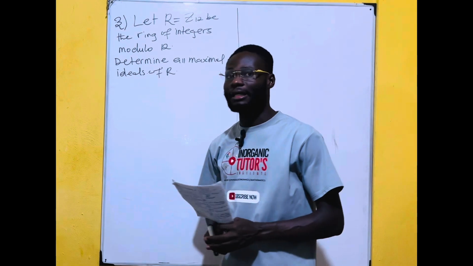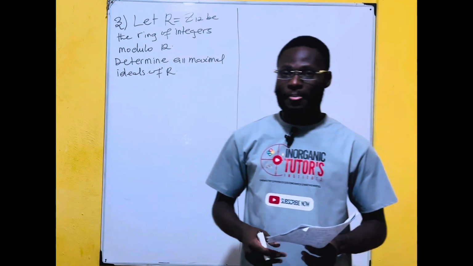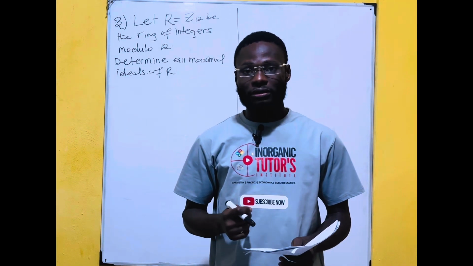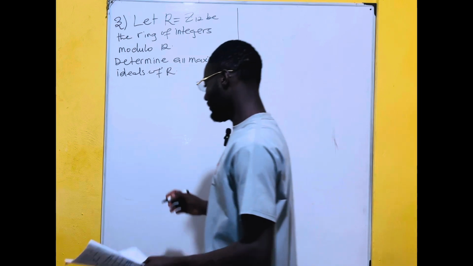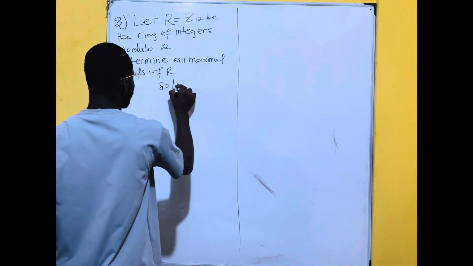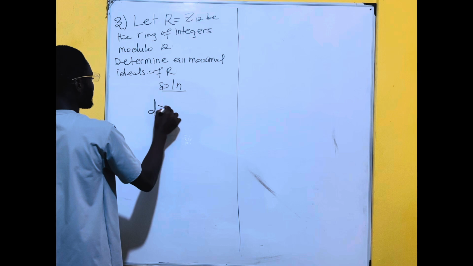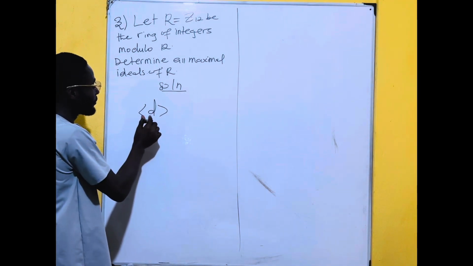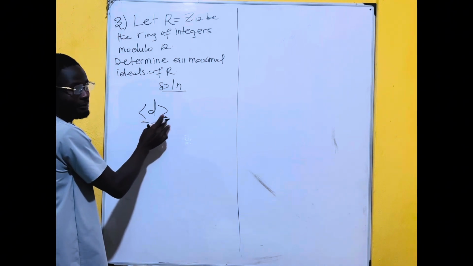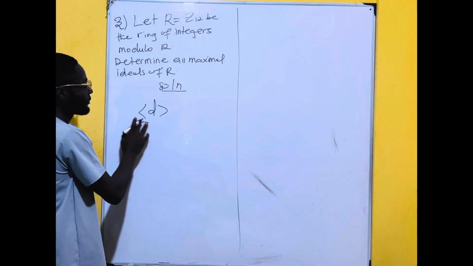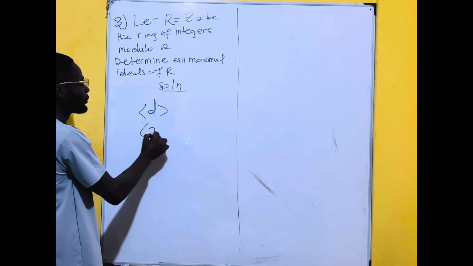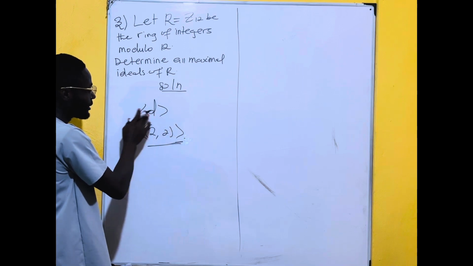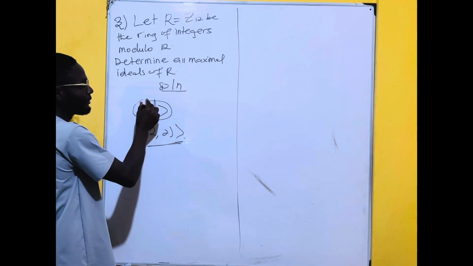Once we know that, we have to know that the maximal ideals also correspond to a divisor, let's say D. So the maximal ideal corresponds to the ideal generated by D. If you see this symbol, it's an ideal. Anywhere you see this symbol, it's an ideal. So if you see (2), this is an ideal.